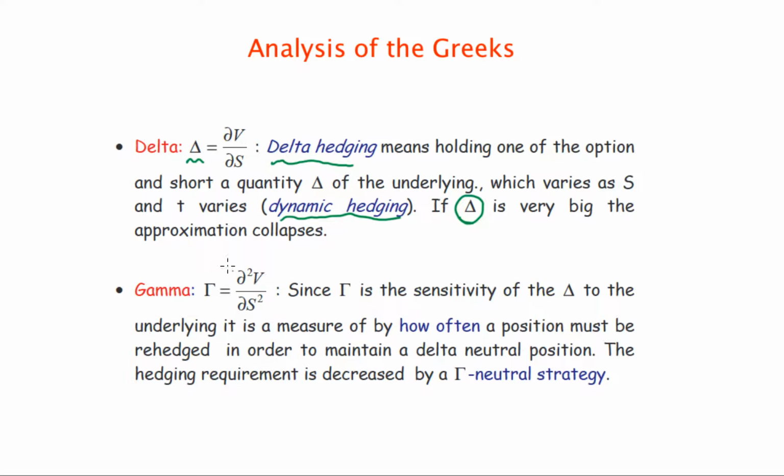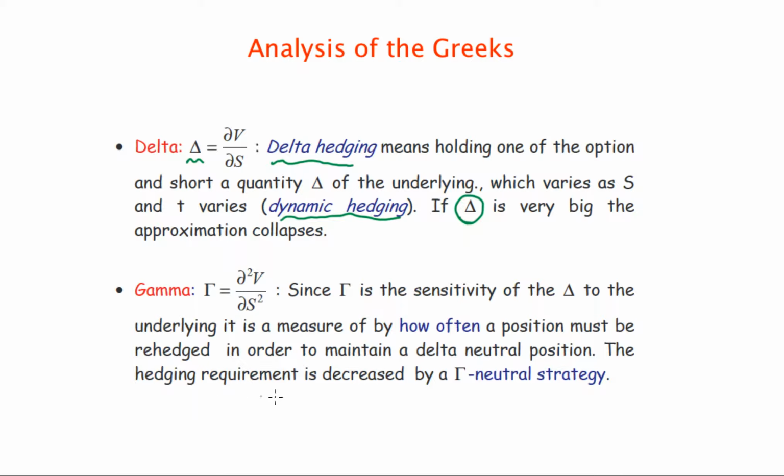And that's where gamma, which is the second order derivative of V with respect to S, enters. So gamma shows the sensitivity of the delta with respect to the underlying, because the partial derivative of delta with respect to S is equal to the second order derivative of V with respect to S. So it indicates how often a position must be rehedged in order to maintain a delta neutral position.